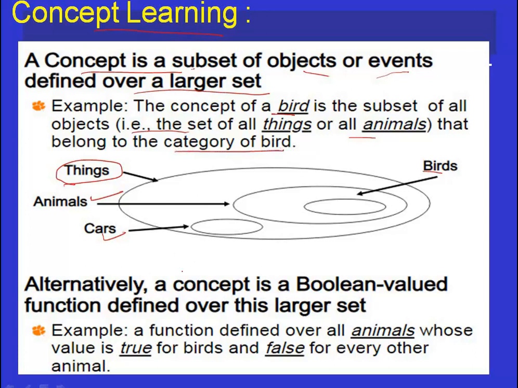Alternatively, you can define concept learning as a Boolean valued function defined over the larger set. Boolean valued function means either it is true or false, that is, it is a function defined over all animals whose value is true for birds and false for every other animal.